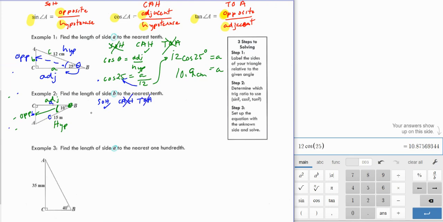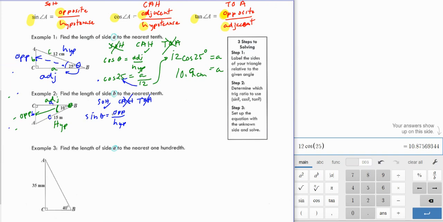So we're going to go sine of theta equals, now we check up here, right? Sine is opposite over hypotenuse. Opposite over hypotenuse. That's what SOH is telling us.